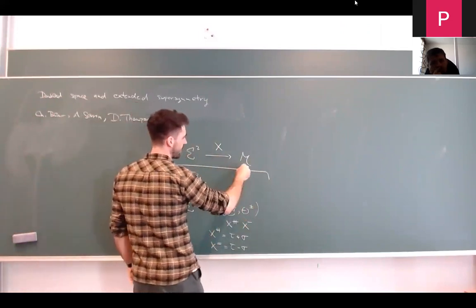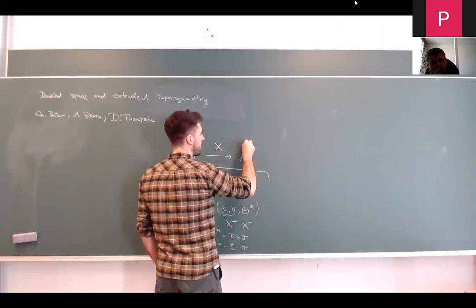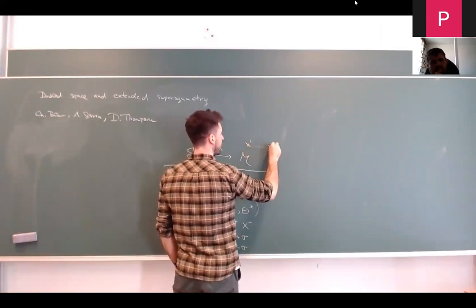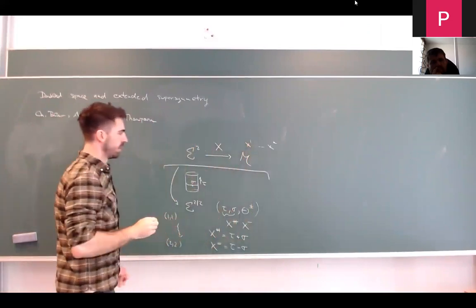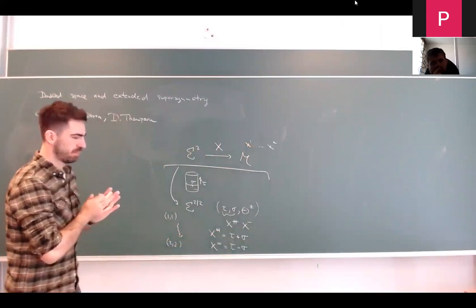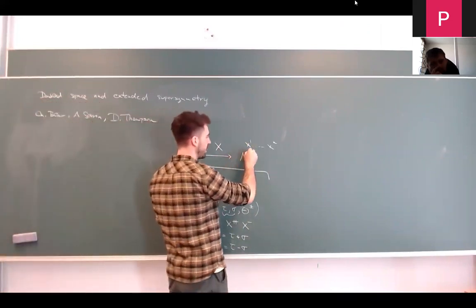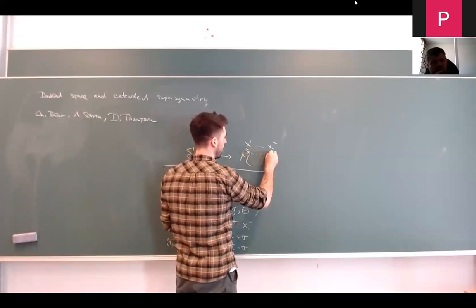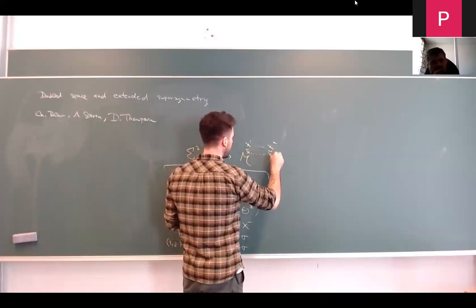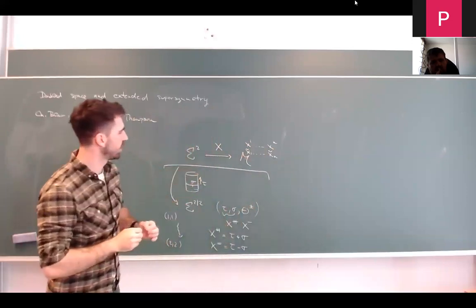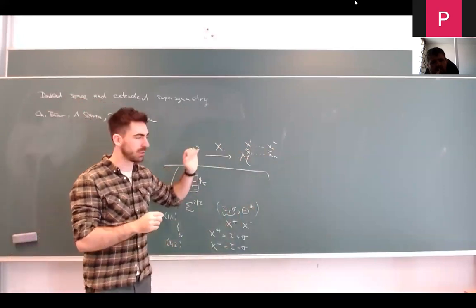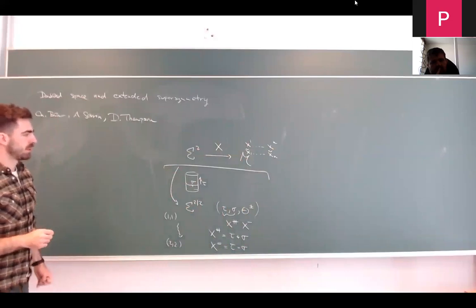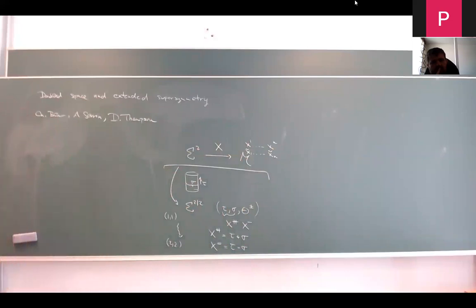So instead of having this M, which has maybe coordinates x^i, we can actually have a target space where we have double the amount of coordinates. And with each x^i, there would be its pair x tilde i. And why on earth would we do this?